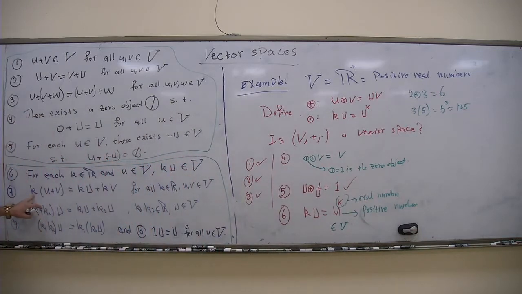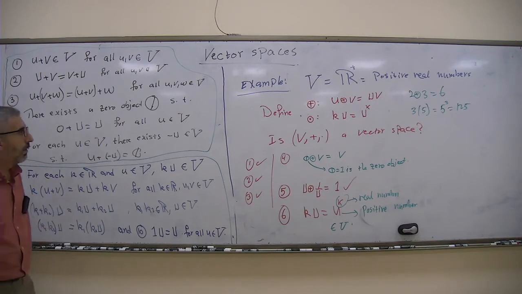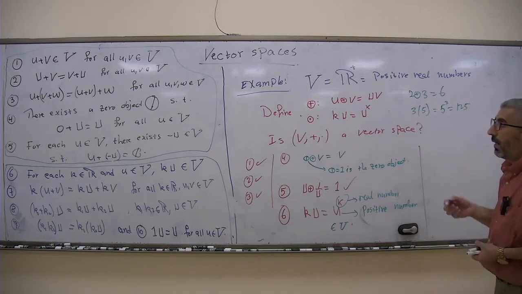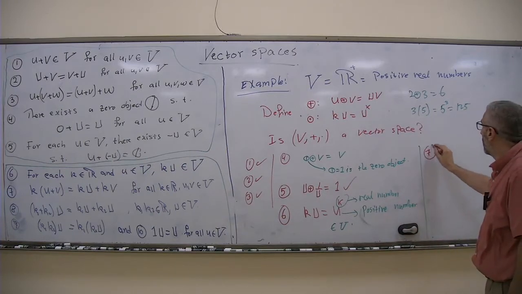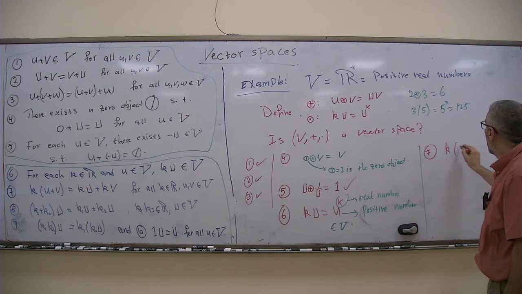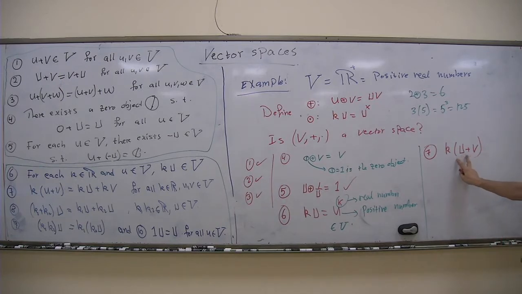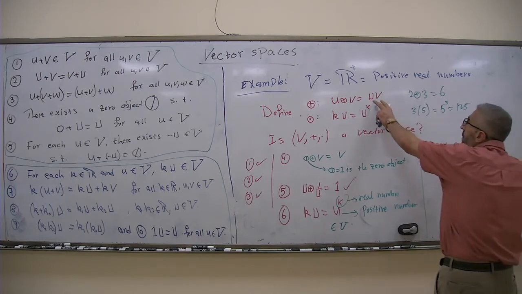What about this one, k times u plus v? I will clarify number 7 and leave the rest for you. So k into u plus v. When you have parentheses, you need to do what is inside the parentheses first, correct? So you do this first, which is uv.